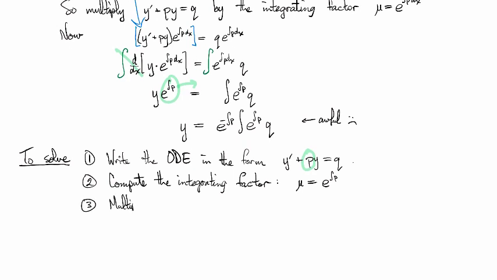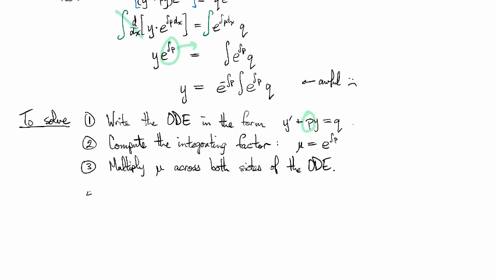Then you multiply across both sides of the differential equation. And then what you should do is you should verify. So this is a handy check that you've done the arithmetic correctly and that you've set things up right.